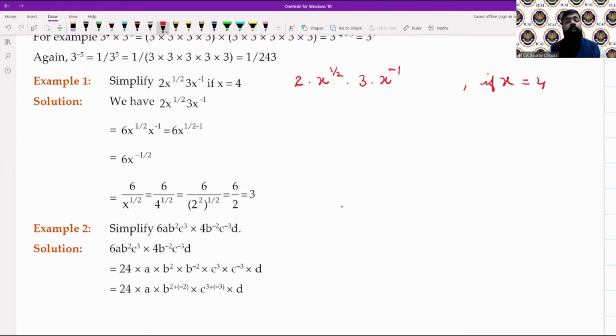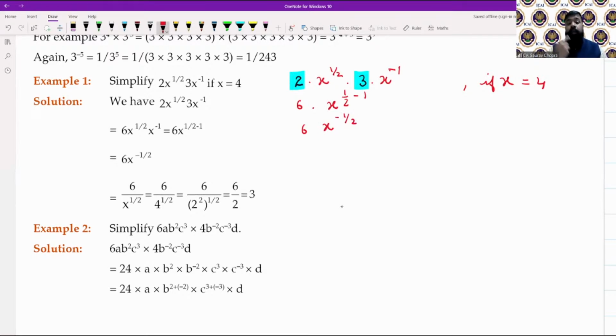Now, how to simplify it? Whenever the bases are same, we can add the powers. So 2 and 3 will get multiplied and it will become 6. Now, x is having power half and power -1. So after adding, what we are getting? 6x to the power of minus half.